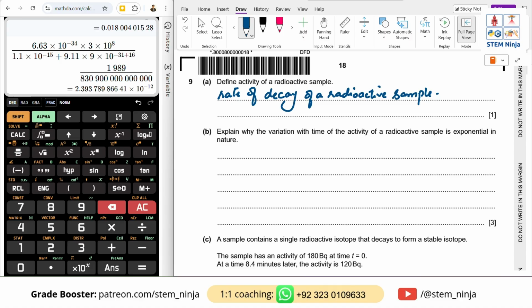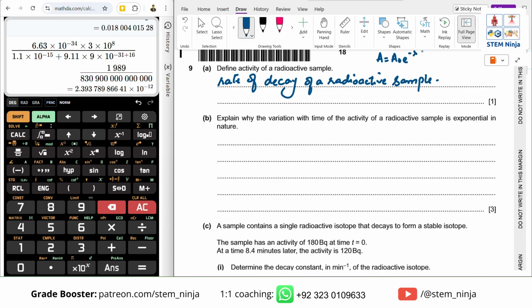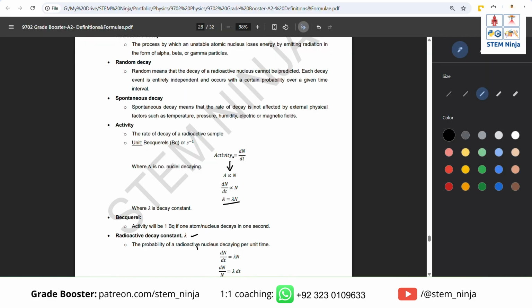Okay. Explain why the variation with time of the activity of the radioactive sample is exponential in nature. So it is pointing out to the fact that activity has this type of relationship. The reason for that, we already saw, is that activity is proportional to nuclei, or activity is the rate of decay of nuclei.